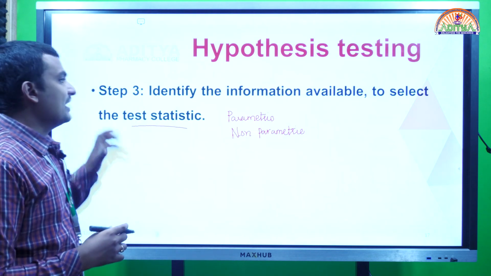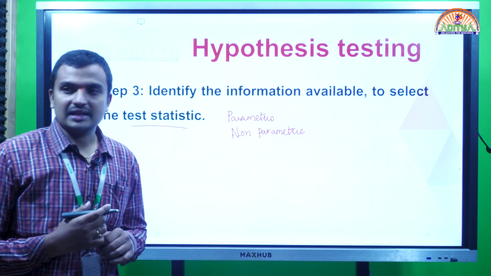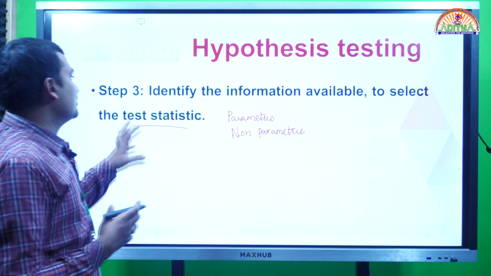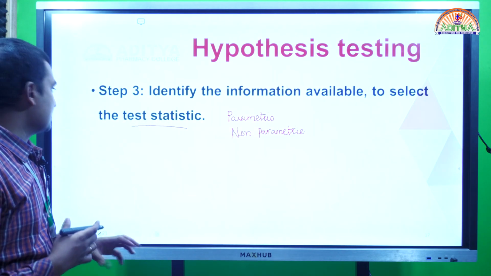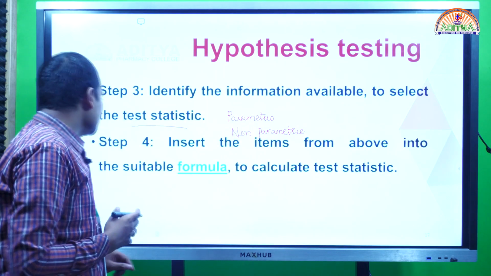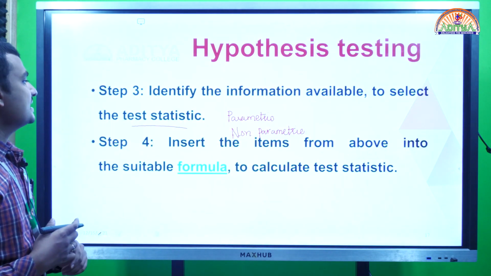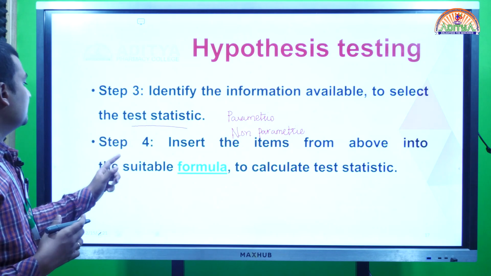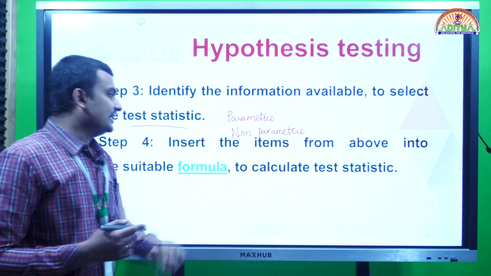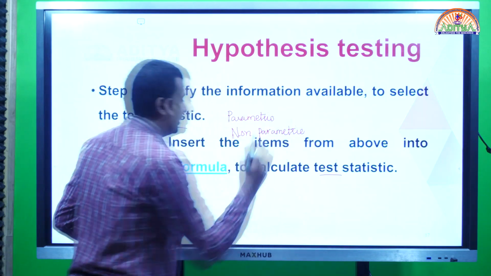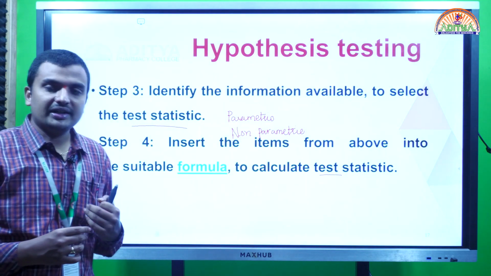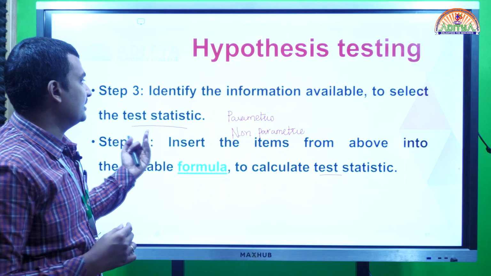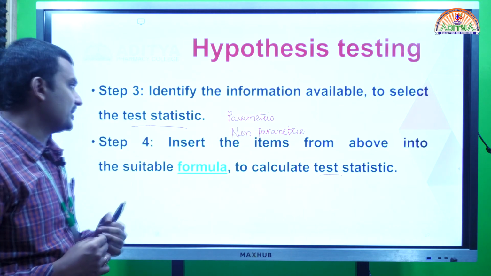In step 3, after defining the null hypothesis and alternate hypothesis, you have to identify the information available to select the particular test statistic. And step 4: insert the items from the above into the suitable formula to calculate the test statistic. Based on the given data, you have selected either a parametric test or a non-parametric test.